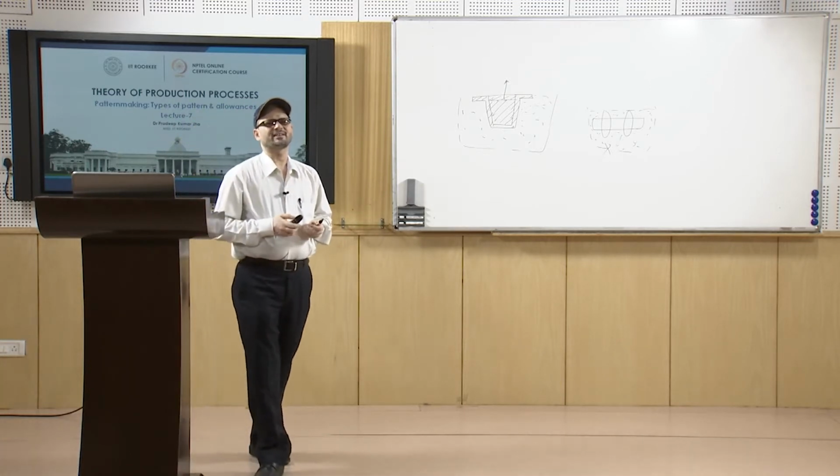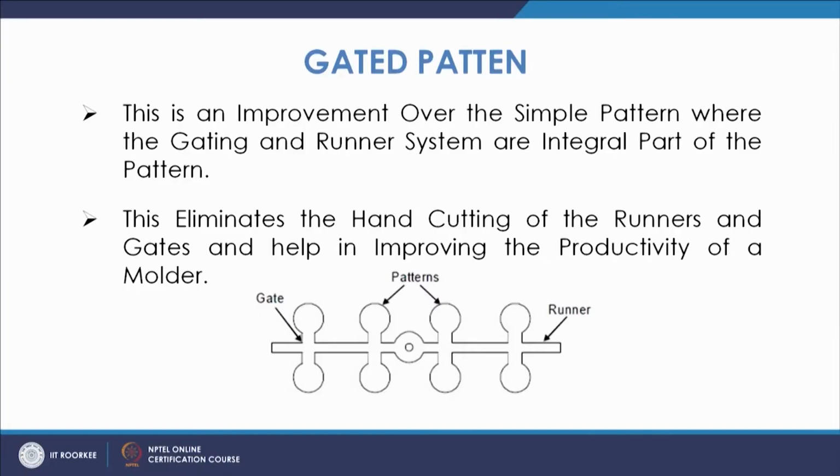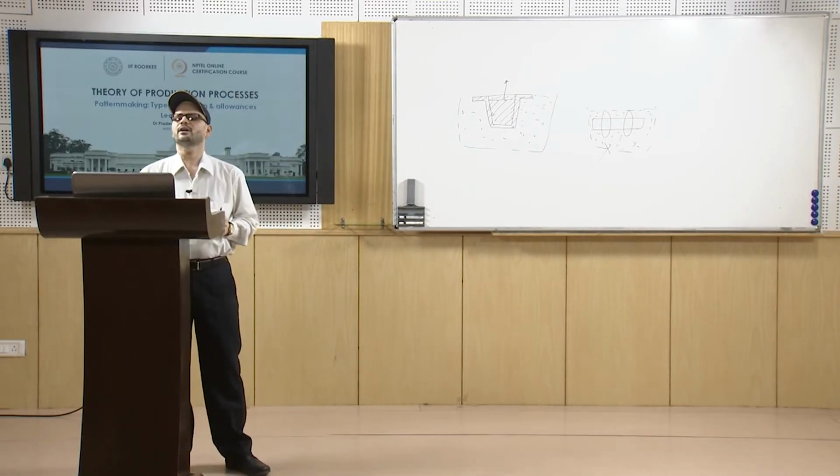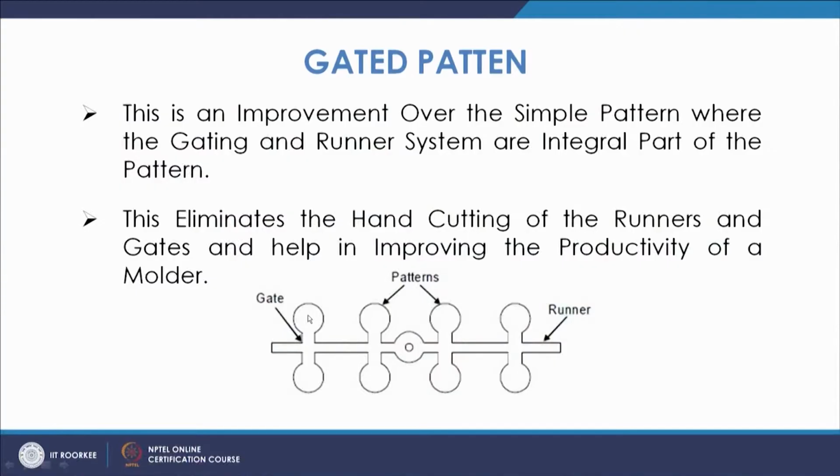Next is the gated pattern. This is an improvement over the simple pattern, where the gating and runner system are an integral part of the pattern. As you see in this figure, these are the patterns, and you have a common runner, and through this runner you have gates. They are part of the pattern.